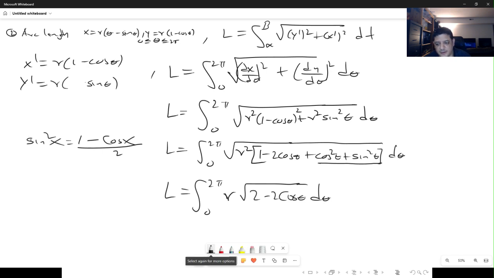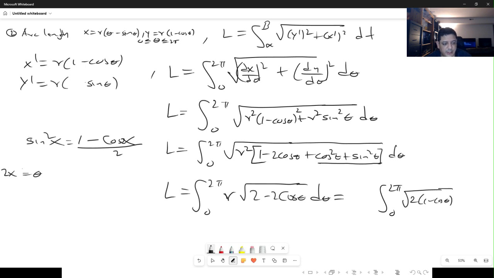So now I can say that 2x equals theta, right? So I can use this in here. I can change all this to be the square root of 2 times r, integral from 0 to 2 pi. And then now I'm changing this to be, wait a minute, I don't need to put out the square root of 2. I'm just going to leave it there. I'm just going to put this as the square root of 2 times 1 minus cosine of theta.